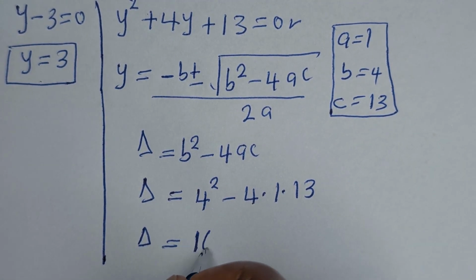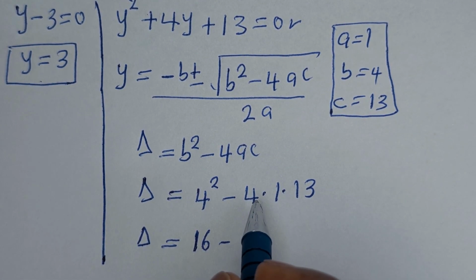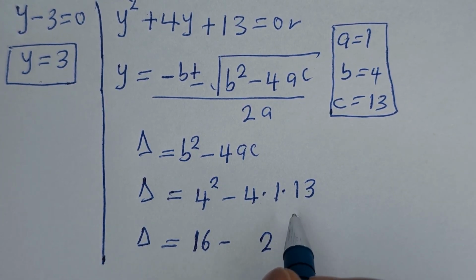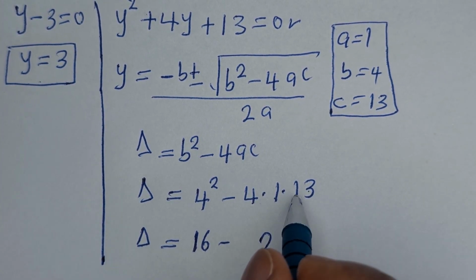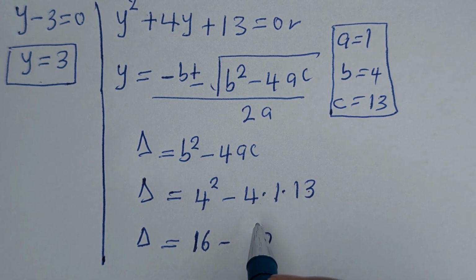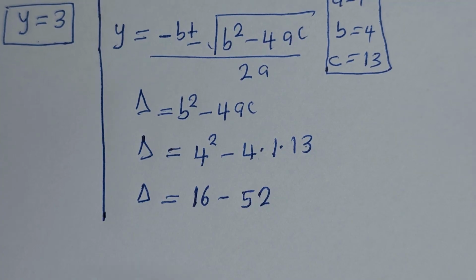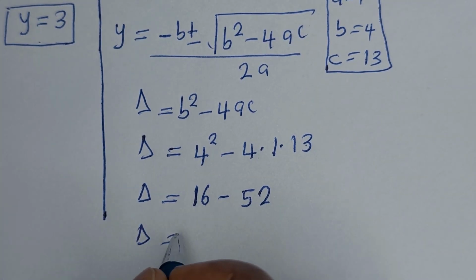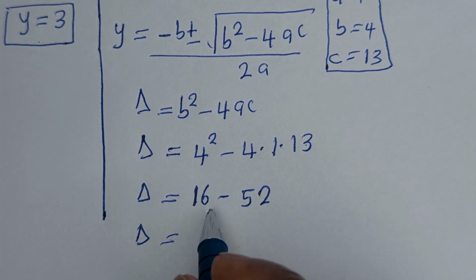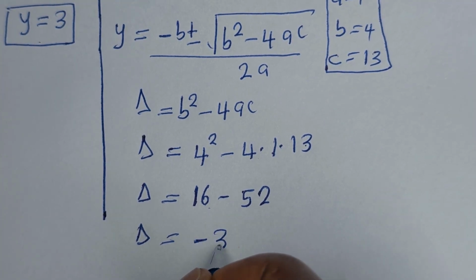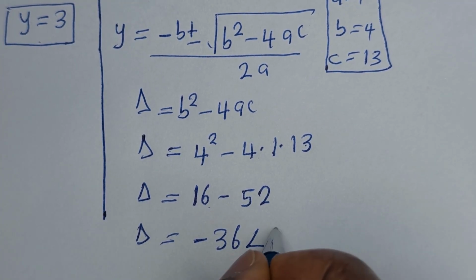That is 16 - 4 times 13, which is 52. D = 16 - 52, that is -36, and this is less than 0.